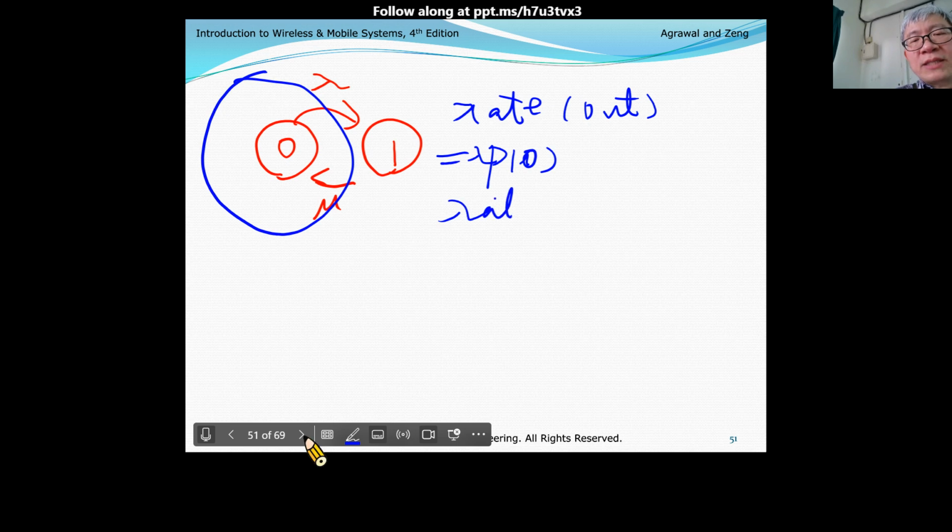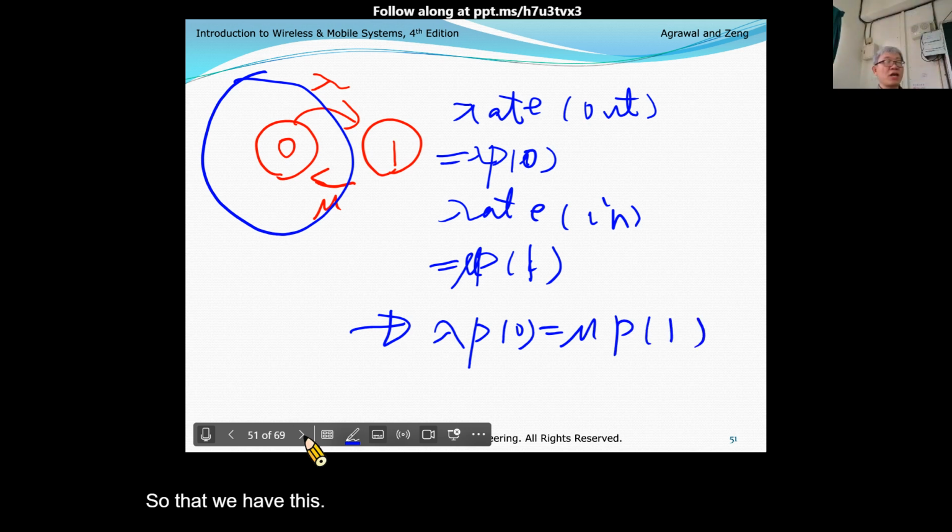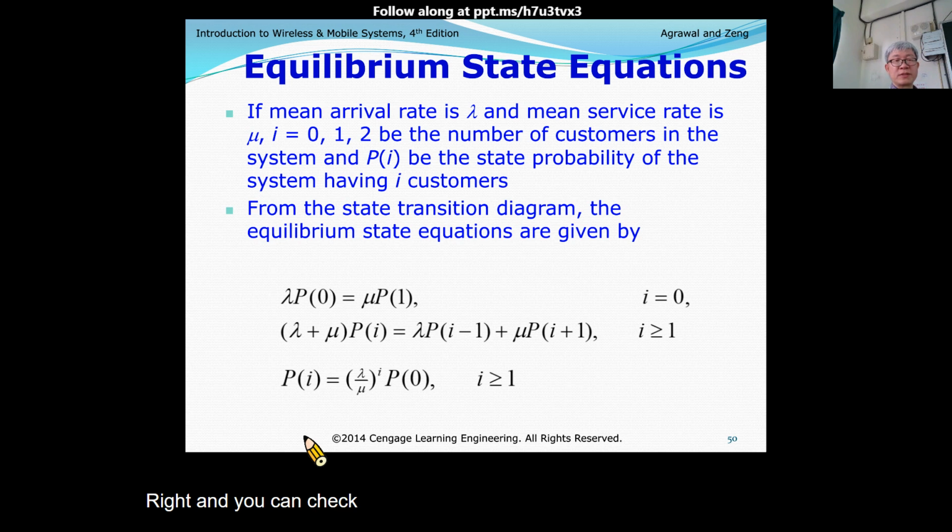And rate in, we have this, from state 1, so it's mu. So that we have this. Right? And you can check this is the first equation.